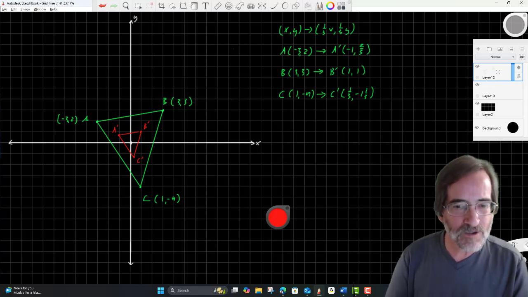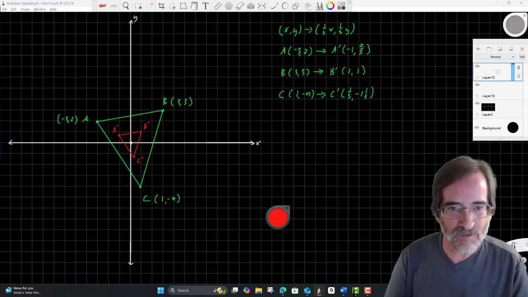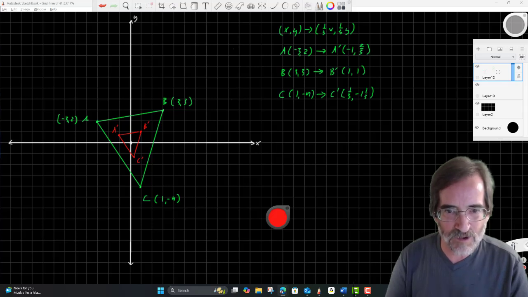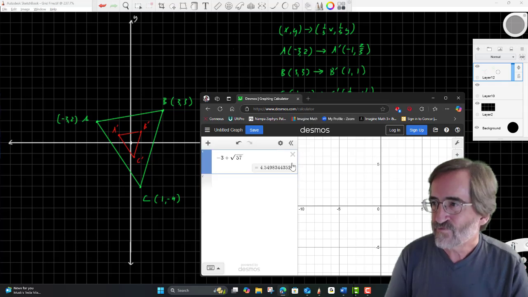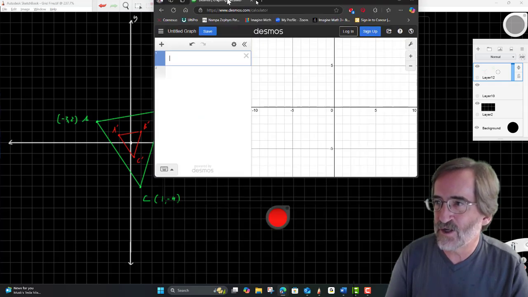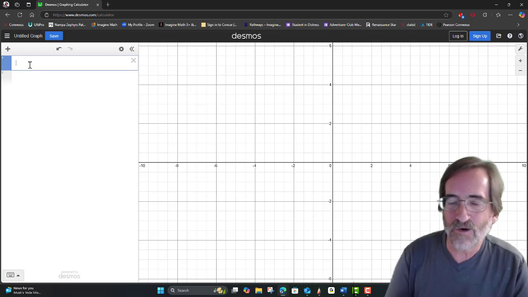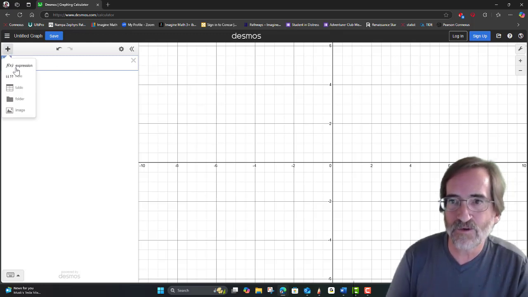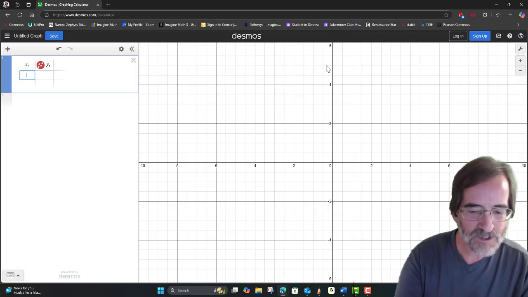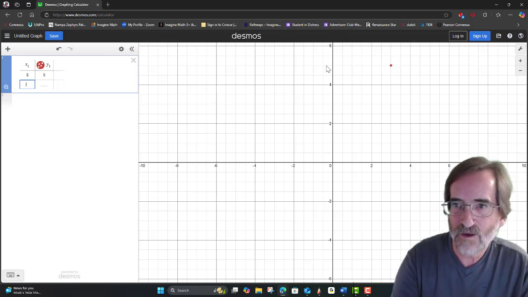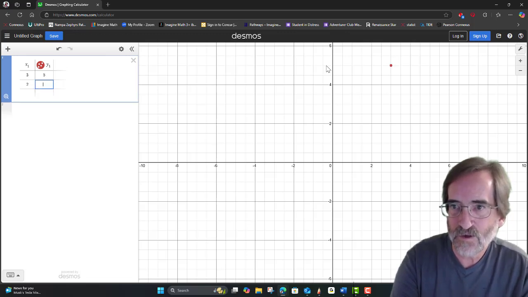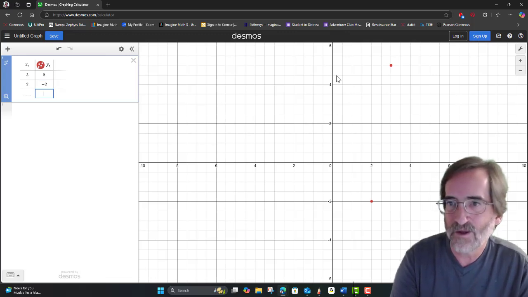All right, so let's go to Desmos, and I want to show you something in Desmos here. I had Desmos open. There it is. Okay. And let's go ahead and maximize the screen. And let's plot a polygon here. So insert a table. And let's say 3, 5, and 2, -4, -2, yeah.